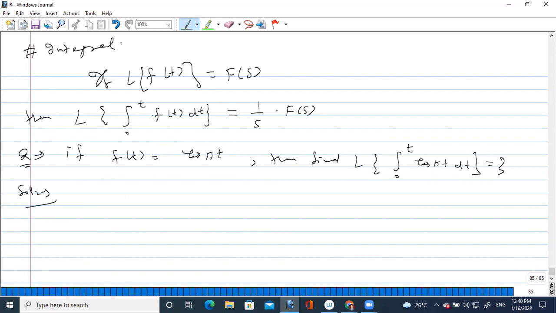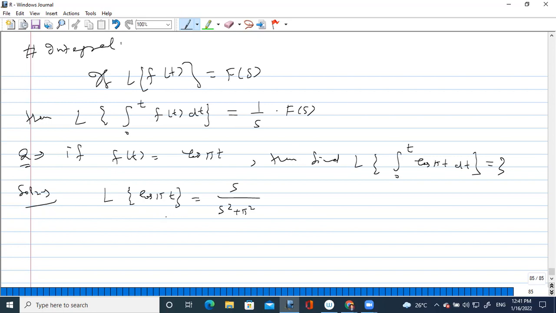So by using this method, Laplace of cos pi t will be s divided by s square plus pi square. Okay.